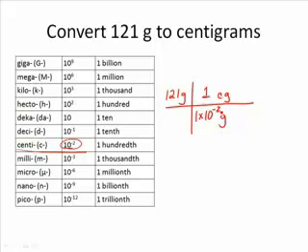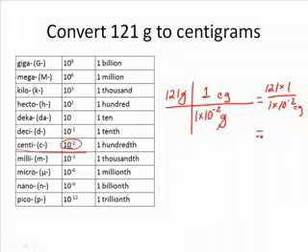So here I would say that 1 centigram is 1 times 10 to the minus 2 grams. Then to find my value, I'm simply going to multiply things that are on the top and divide by the things that are on the bottom. So this would be essentially 121 times 1 divided by 1 times 10 to the minus 2. Okay, and the ending unit again is going to be centigrams.